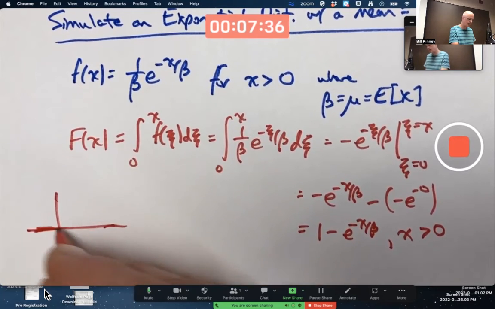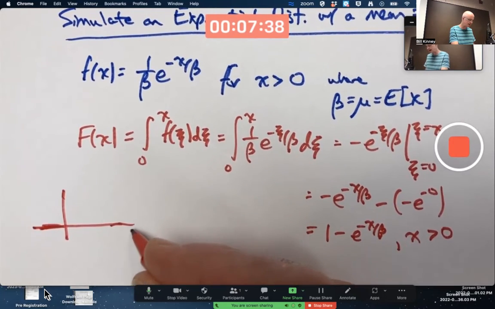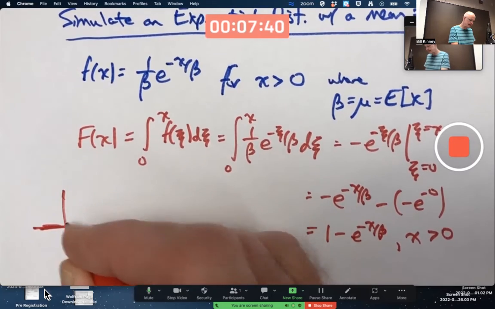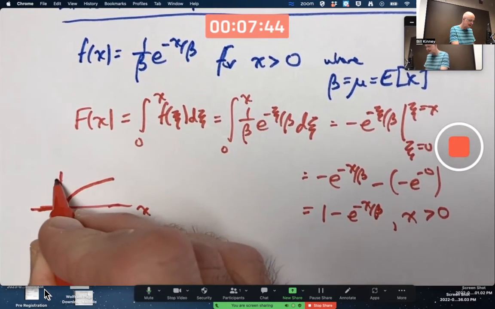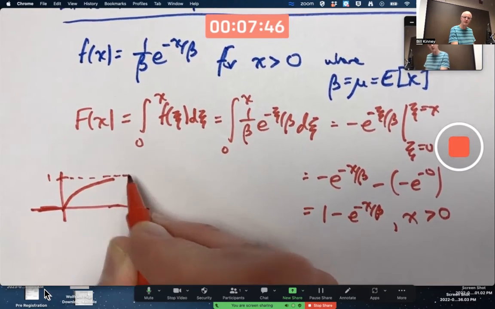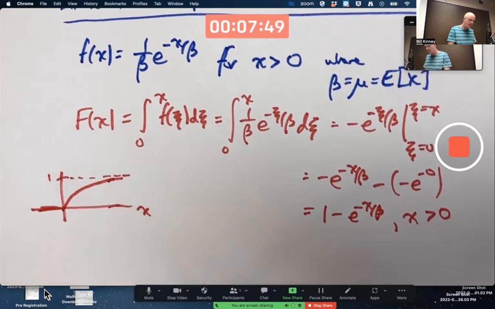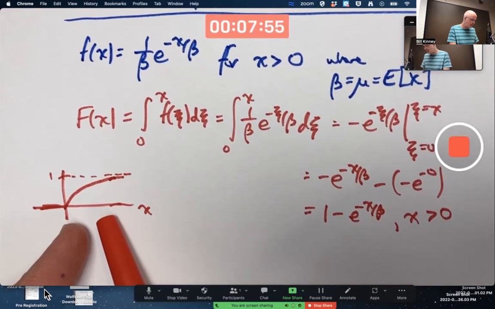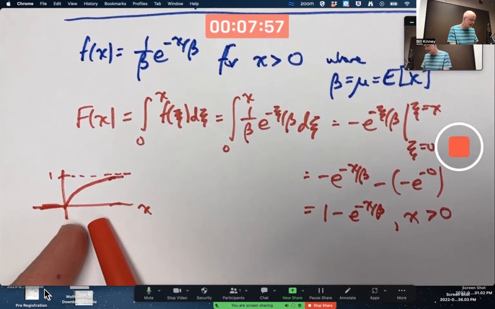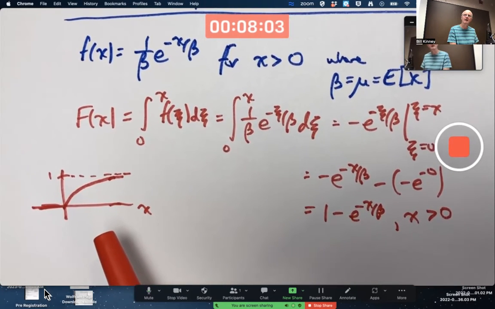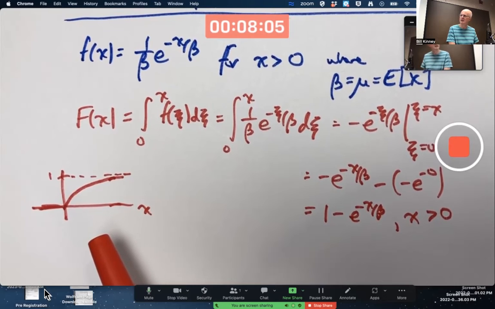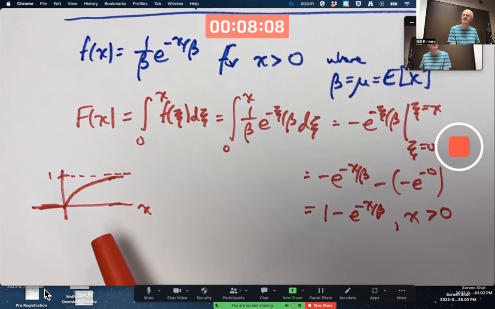It's 0 over here. We're only concerned about when x is positive. The graph of the CDF, the graph of this function looks like this. And it's got a horizontal asymptote that's equal to 1. If I plug in a value of x that's positive into this function, I'm going to get a number between 0 and 1 out, just like a uniform distribution has values between 0 and 1.